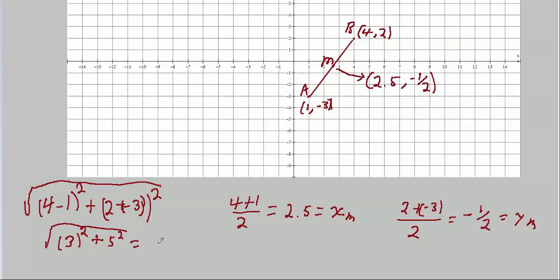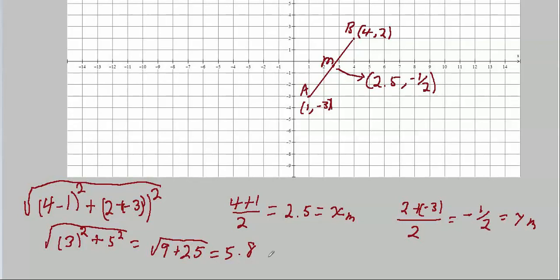That equals the square root of 9 plus 25. So what we get for an answer here is the square root of 34, which is 5.8, roughly.